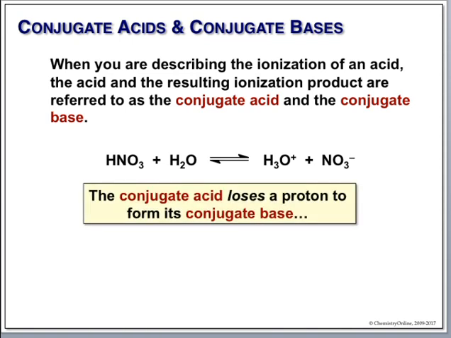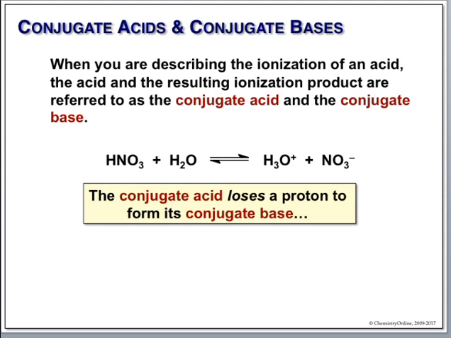Simple thing to remember. An acid will lose its proton, makes hydronium from it, and it forms the conjugate base. So if we have nitric acid and water, in the Bronsted sense, the acid is going to be nitric acid.